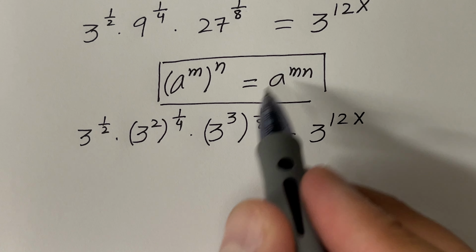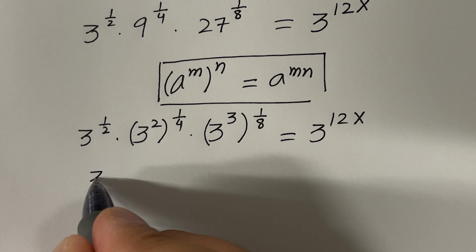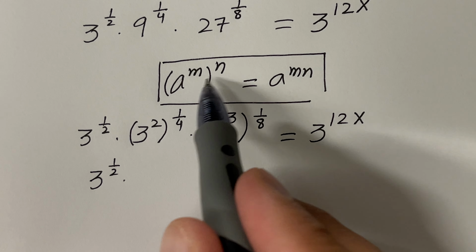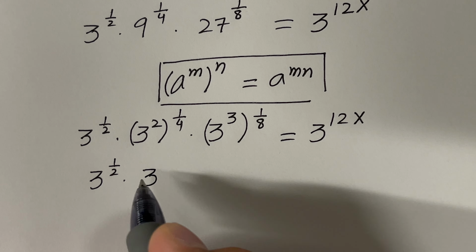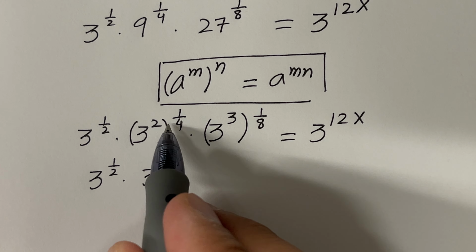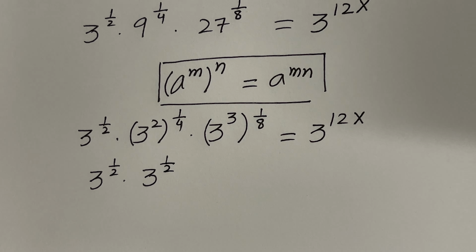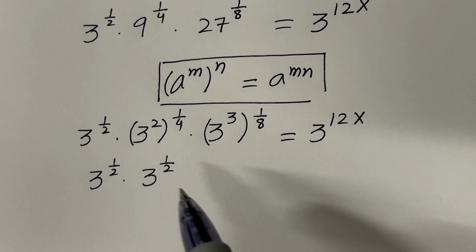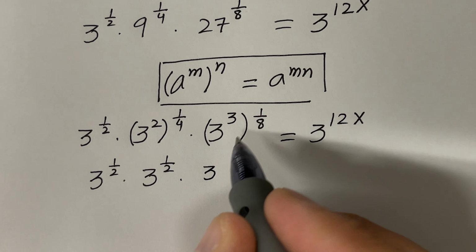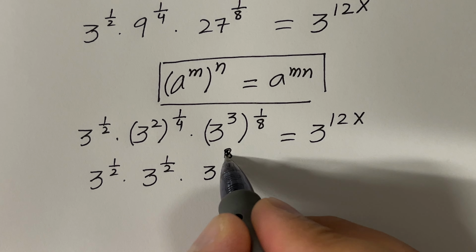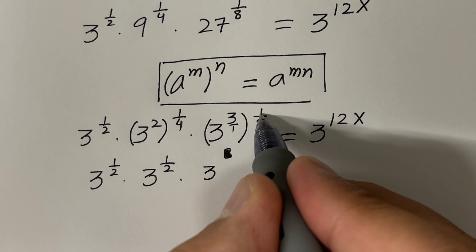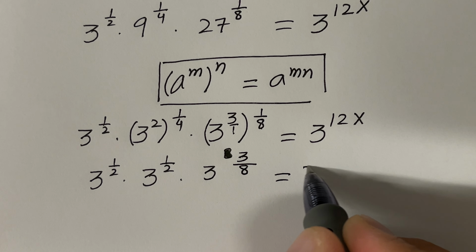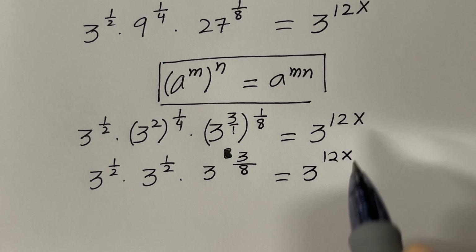Okay, now we will use this property again, but first let's rewrite this 3 raised to the power 1/2 as it is, times, now again if you use this property, then that is 3 raised to the power, just multiplying the exponent, that means you will have 1/2. 2 times 1/4 means 2 divided by 4, which is 1/2. And this is 3 raised to the power, this is 3 times 1 is 3 divided by 8 times 1 is 8, and the right hand side is 3 raised to the power 12x.